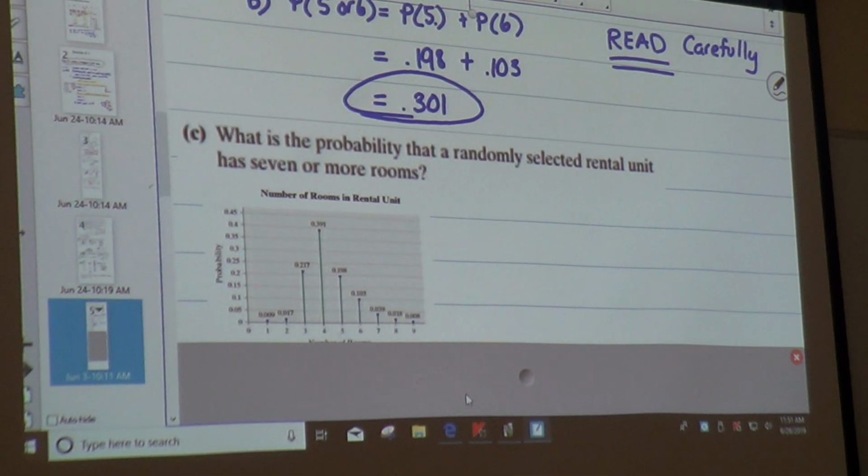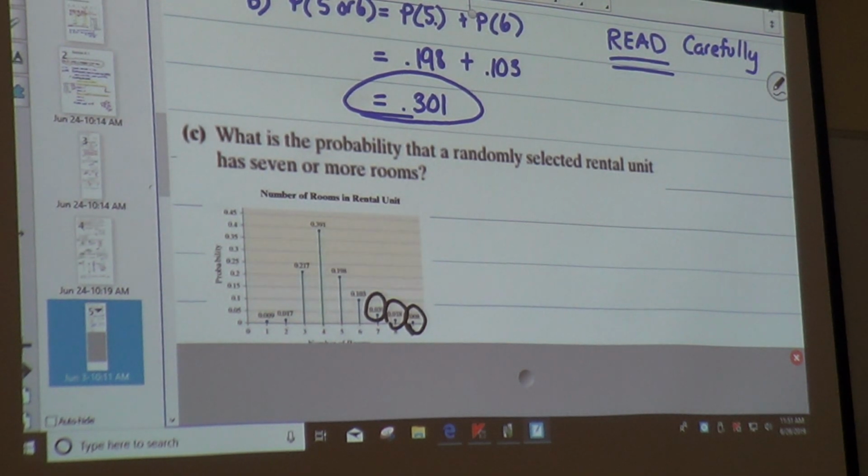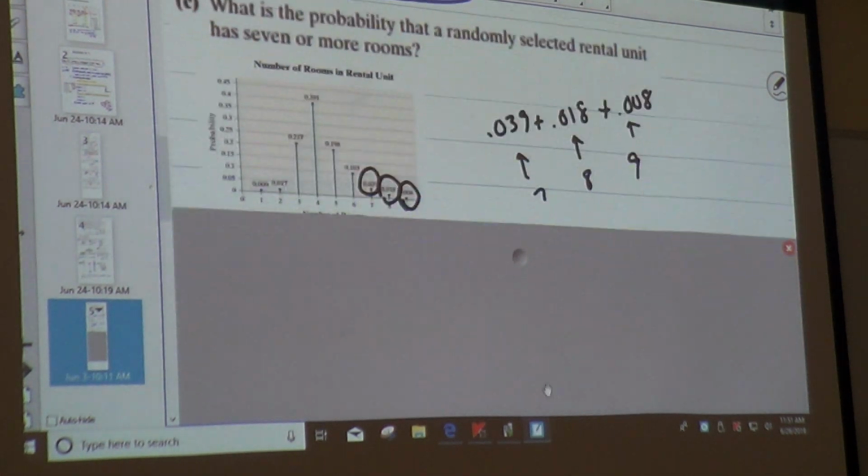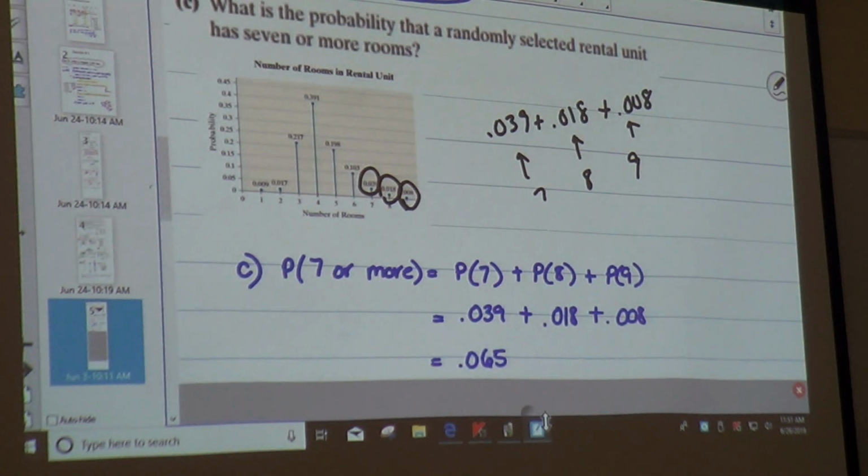What would I do for that one? 7, 8, and 9. So I would add up that one, and that one. So 0.039, 0.018, 0.008. That's your 7, your 8, and your 9. And then I have it written pretty there.